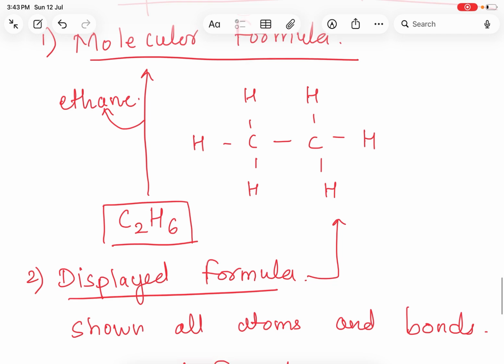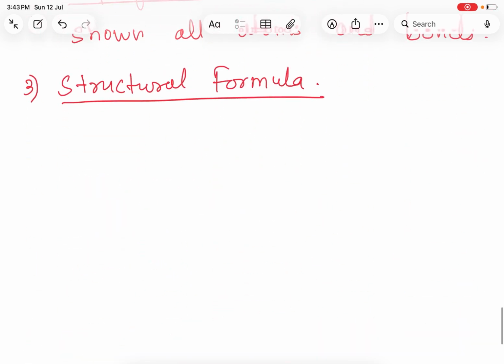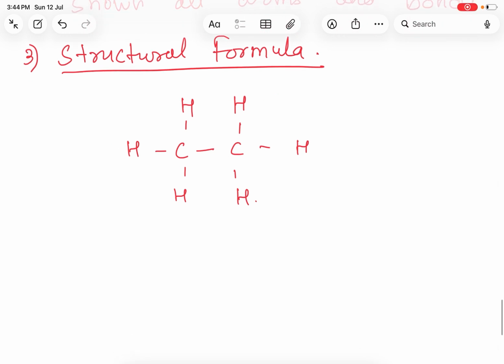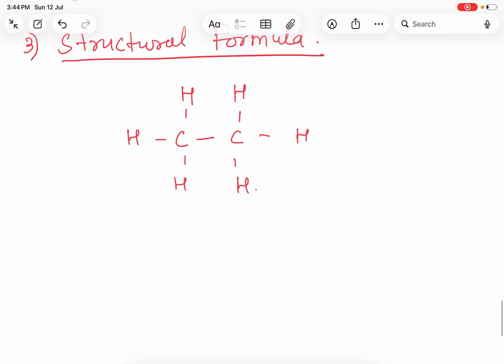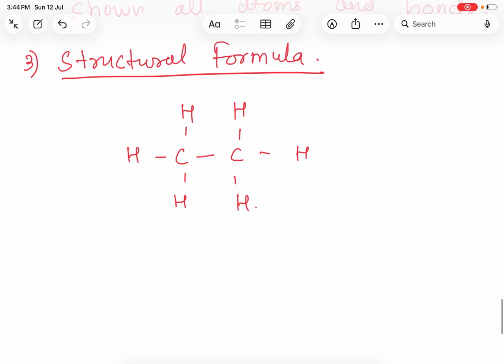Now here, I will draw the same thing again, for example. So now here you can see that I have drawn a displayed formula. Now, how am I supposed to write it again in a compact way? Not like a molecular formula, but I will try to write it in a straight chain way.